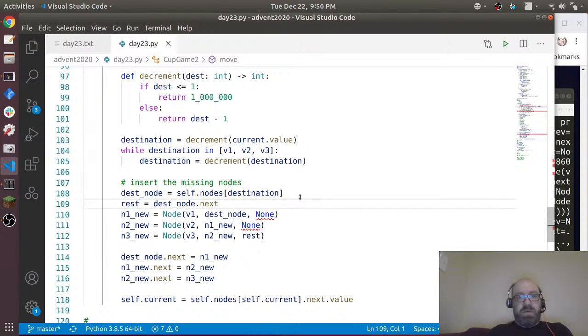And insert the missing nodes. Dest node, rest equals dest node.next, n1 new equals v1, v2, v3.